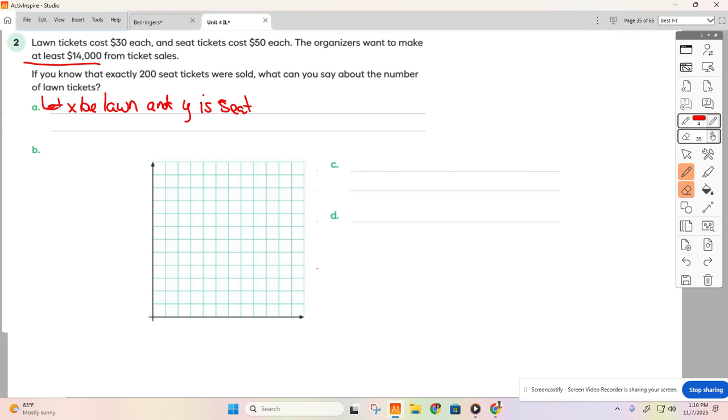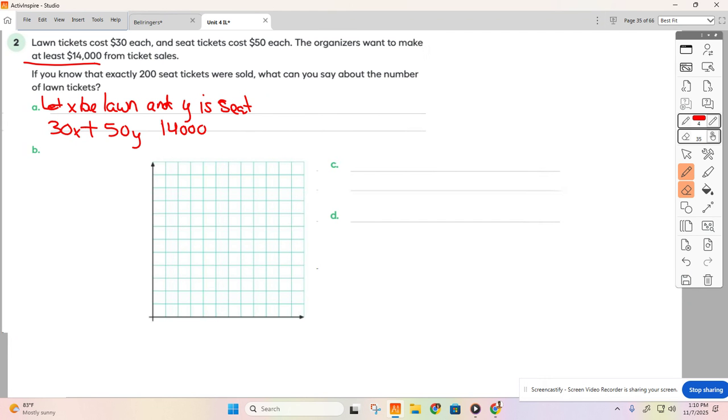So this time my inequality, since each lawn ticket X is worth $30, this time it'll be 30X. Each of my seat tickets cost $50, so 50Y. And I want to make at least $14,000.